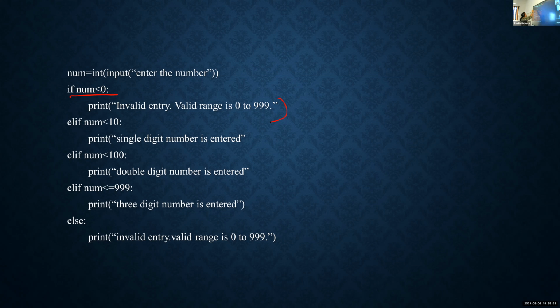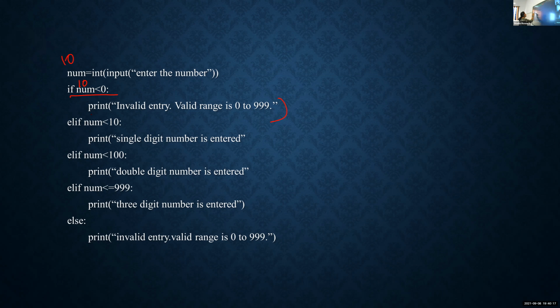If it is not less than 0, I am inputting 10. What will happen? If I am inputting 10, num contains 10, and it will check num less than 0. Here, num less than 0 is a false statement, so it will move on.